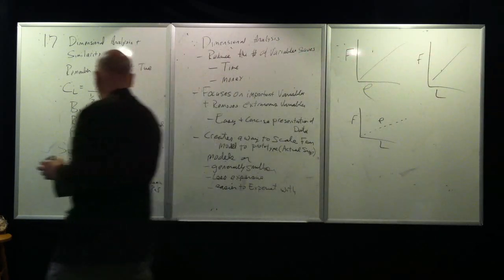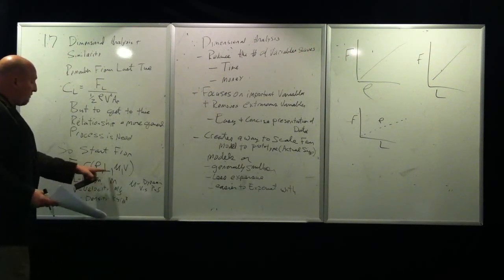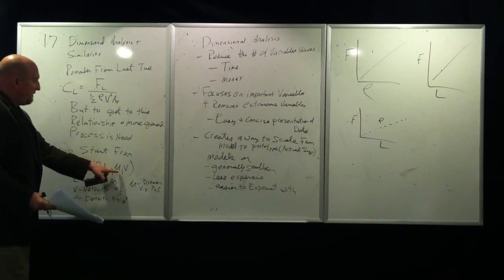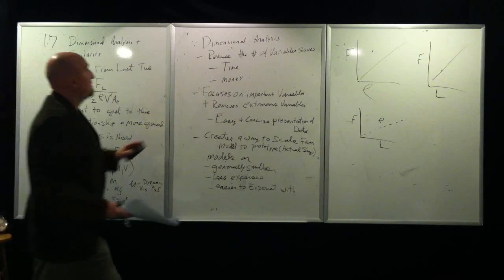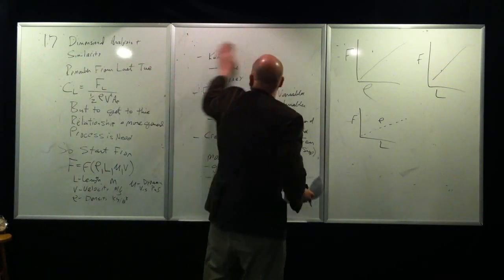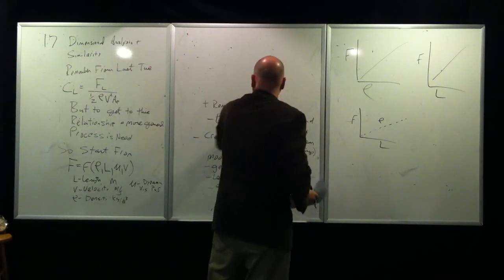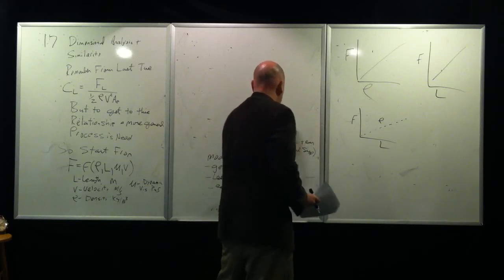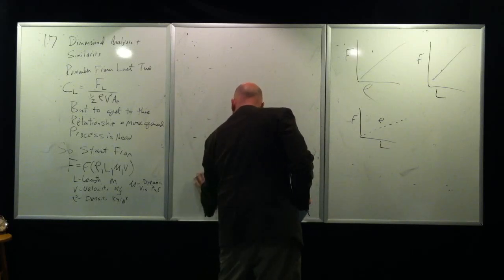So as we stated here, force is a function of four variables: density, length, viscosity, and velocity of the flow, or the velocity of the object in the fluid.